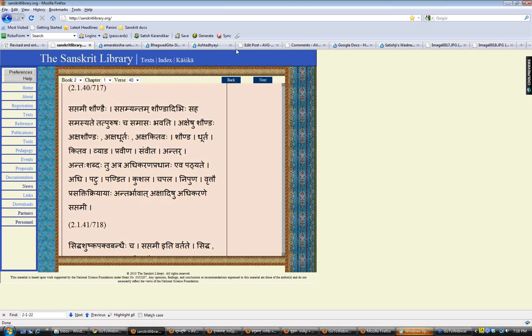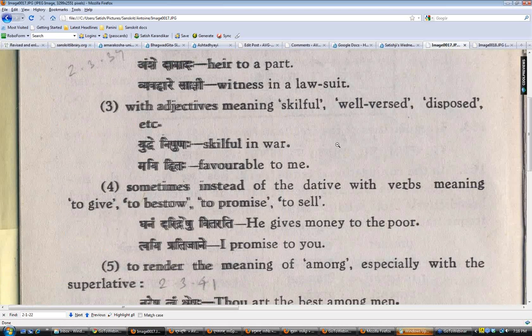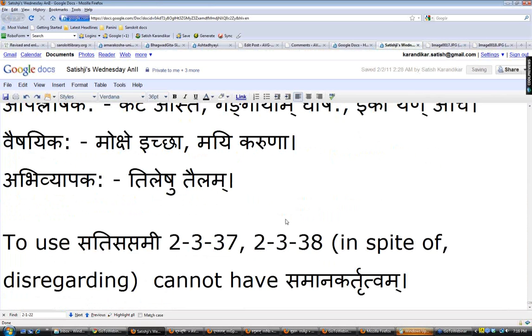So I don't think this will give us anything extra beyond what we already have. The reason I'm going through all this review is that ultimately we have to come here in the book and see which sutram we can use to justify this Saptami. So point number 3 is that with adjectives meaning skillful, well-versed, disposed, yuddhe nipunaha, mayi hitaha, favorable toward. Now this mayi hitaha, we have already referred to this kind of example earlier in class, mayi karuna, pity towards me.